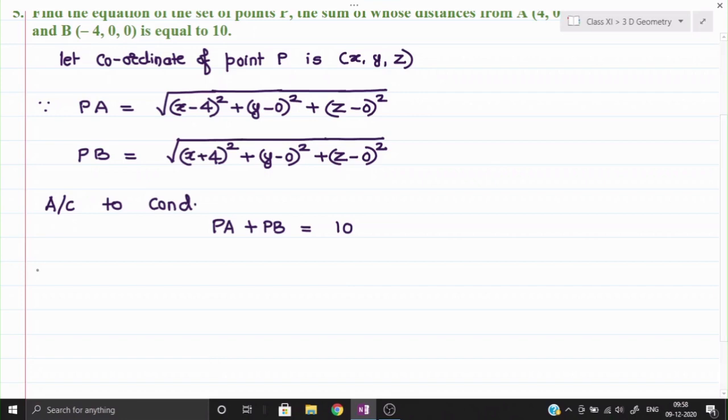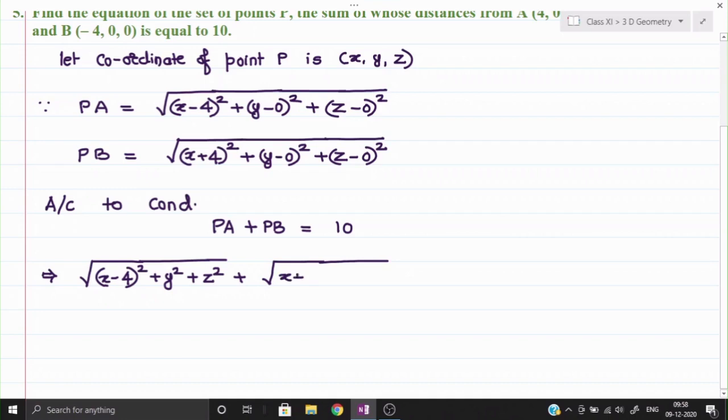So let us put in the values of PA and PB: under root of X minus 4 whole power 2 plus Y square plus Z square, plus under root of X plus 4 whole power 2 plus Y square plus Z square, is equal to 10.